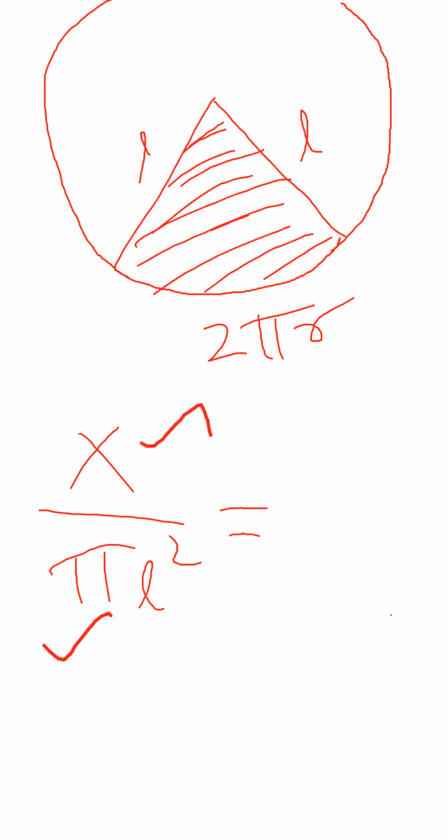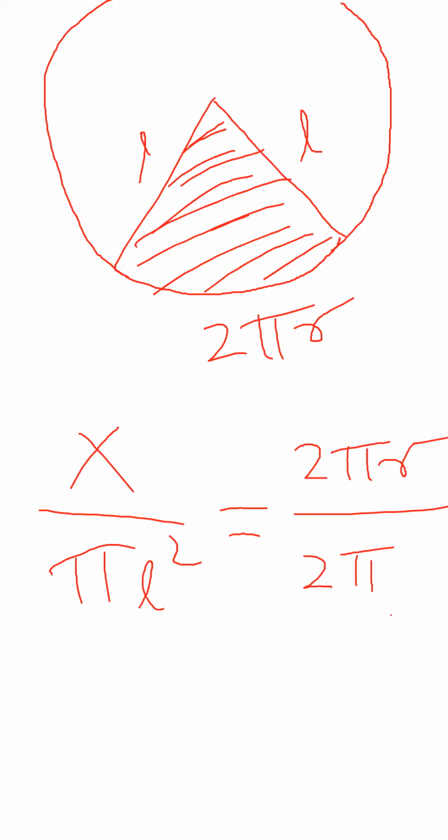Then we take the circumference: 2 pi r divided by the whole circumference, 2 pi L. So area divided by area is equal to circumference divided by circumference. Then 2 pi cancels, and x equals pi r L.